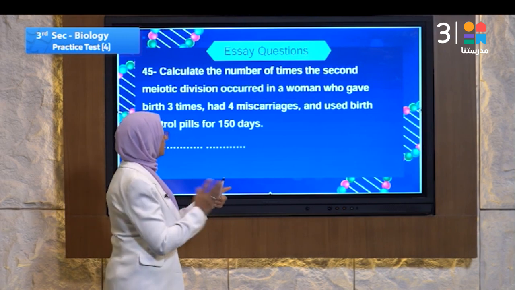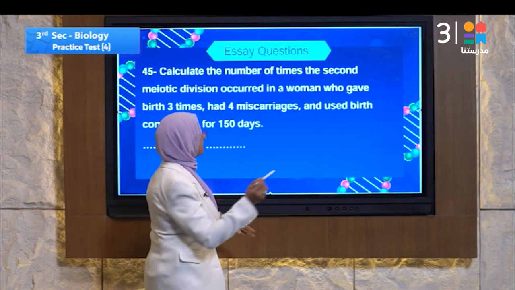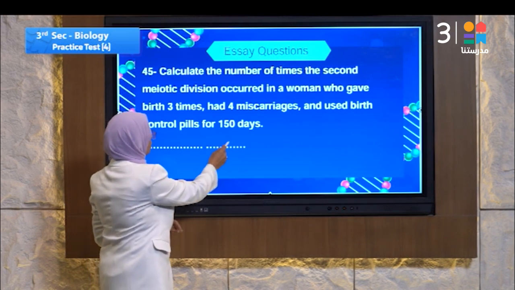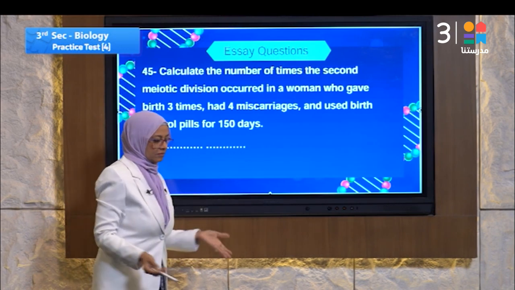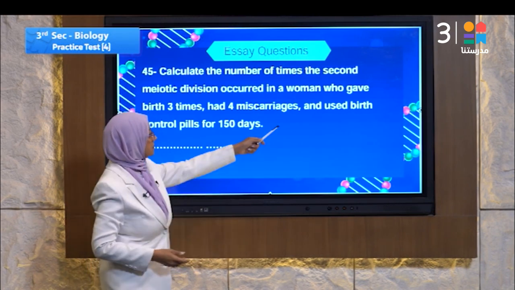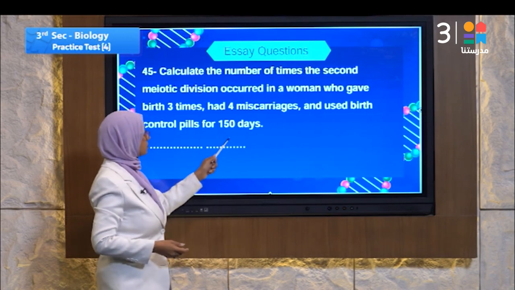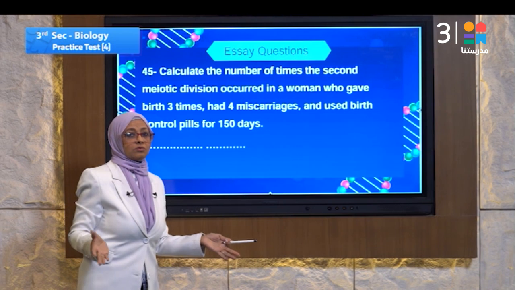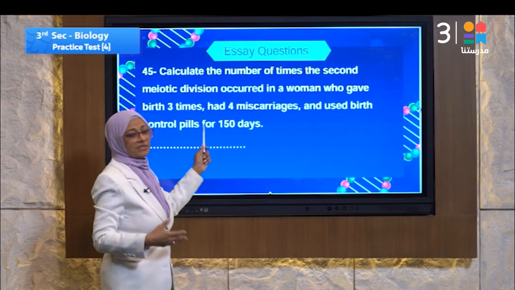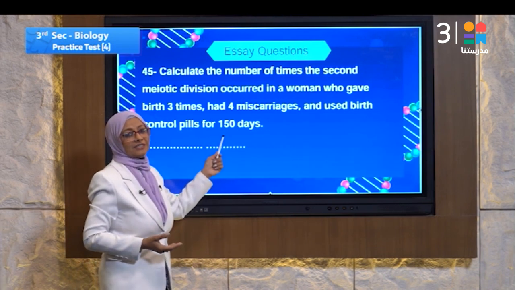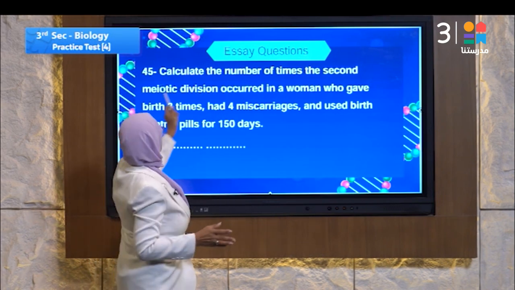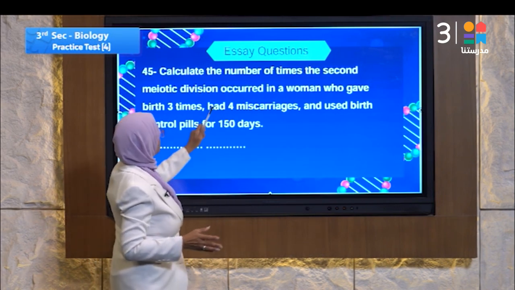Yes, let's go to read it again. Complete the reading and use the birth control pills for 150 days. Pills means hormone, means no fertilization. So if it is not 150 days, it will not make a second meiotic division.